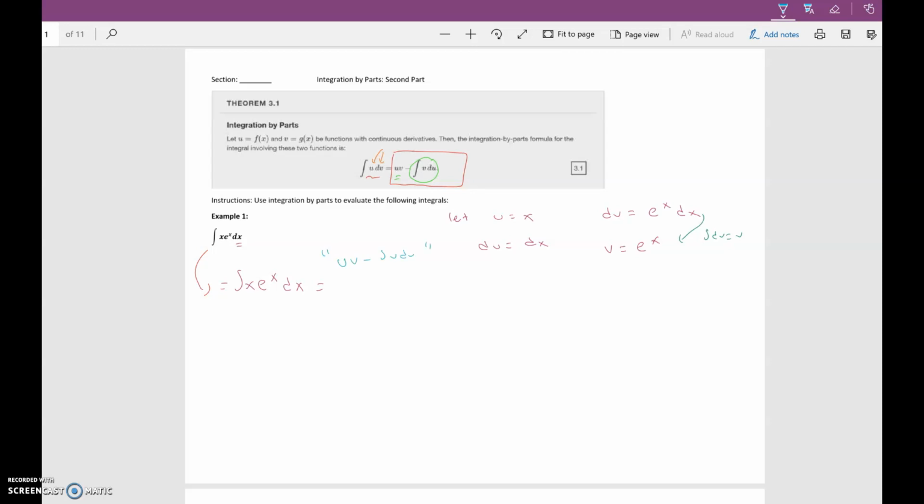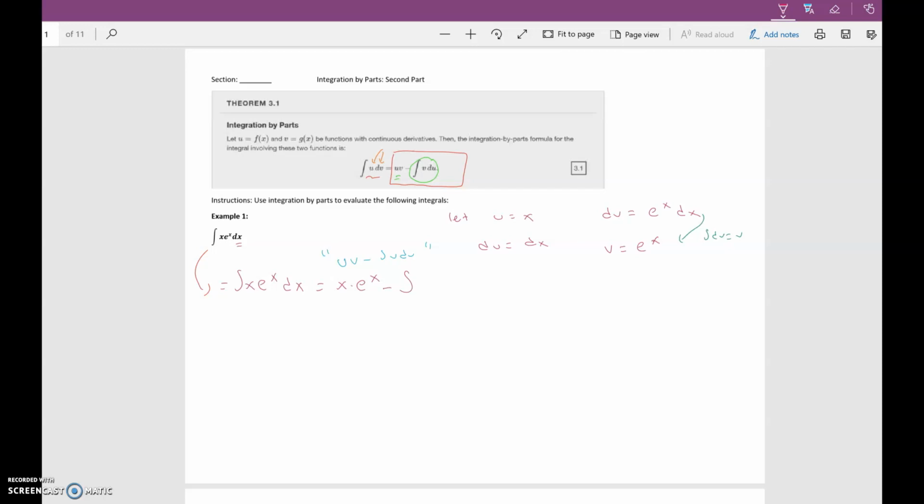So in this particular problem, we selected u to be our x value. Our v ended up being e to the x, and this is good because the e to the x term is no longer in the integral, but you still have this portion that has to reduce into a form that is easy to integrate.